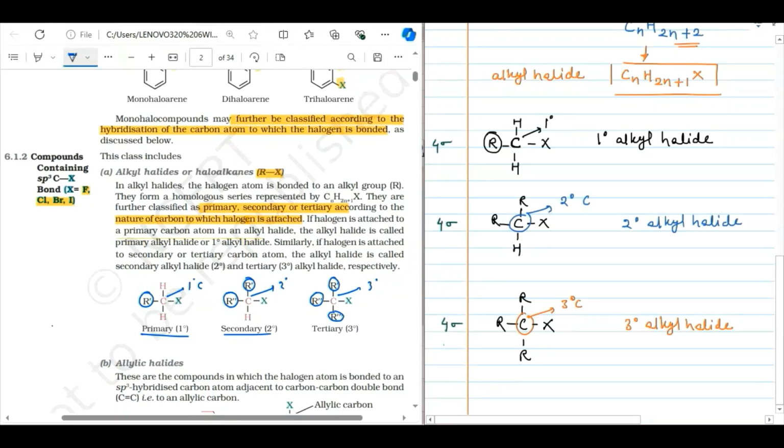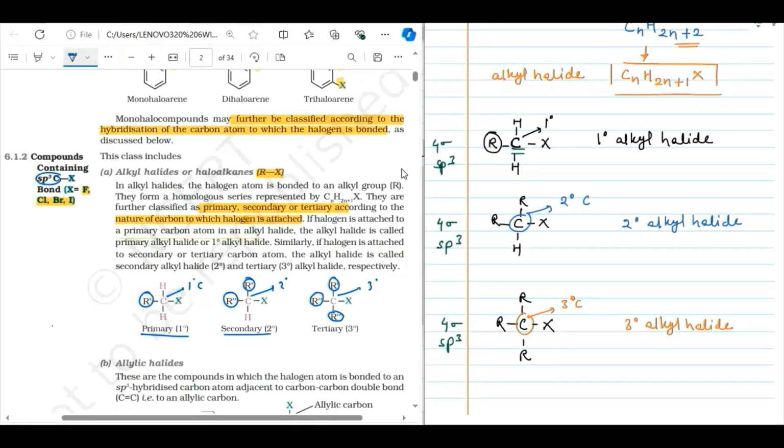As they all have formed 4 sigma bonds, the hybridization of this carbon will be sp3. Here also the hybridization will be sp3. So in all the classes of alkyl halide that we have just discussed, the carbon atom to which halogen is bonded is sp3 hybridized carbon.